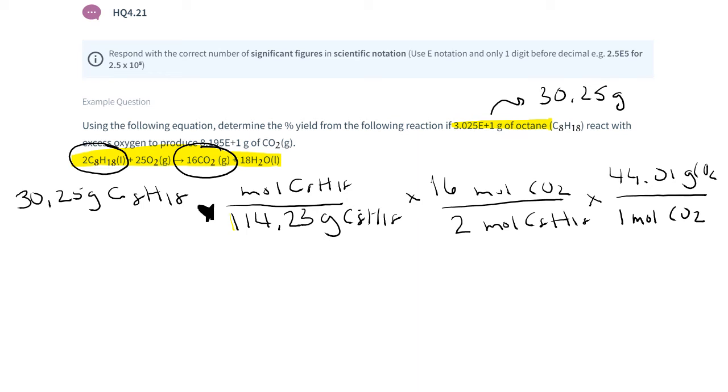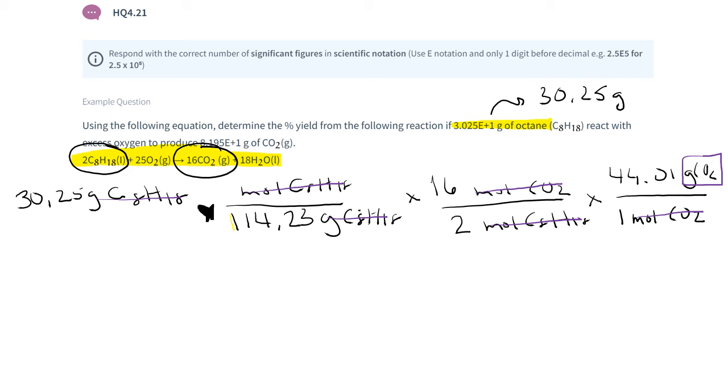So before I give you the actual number, I just want to make a note about how this dimensional analysis worked. We started with grams of octane, and then we got rid of that here. So what we're left with is moles of octane. But then we got rid of moles of octane, leaving us with moles of CO2. Got rid of moles of CO2, leaving us with grams of CO2, which is what we actually wanted.